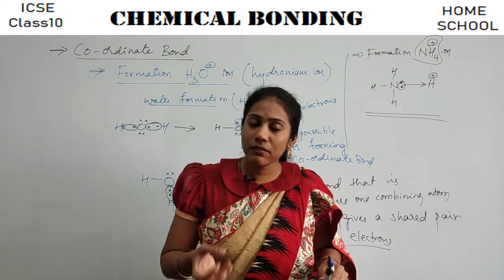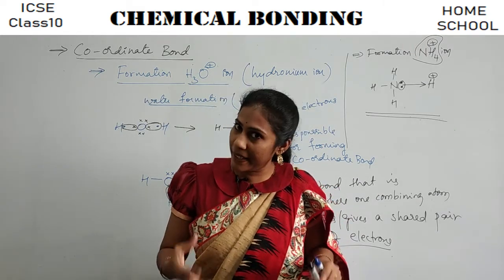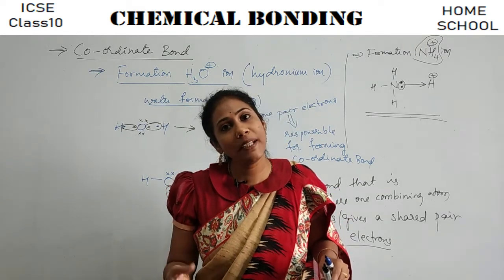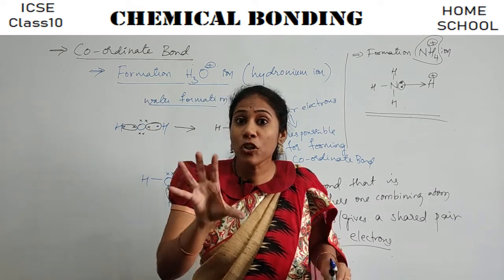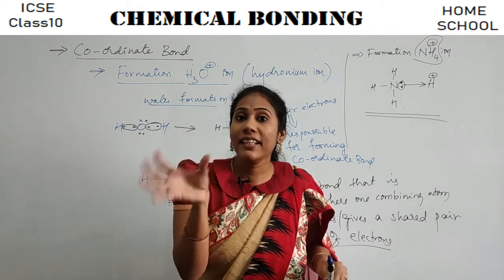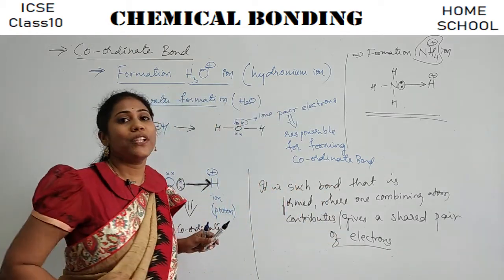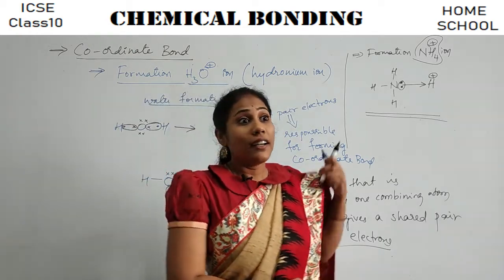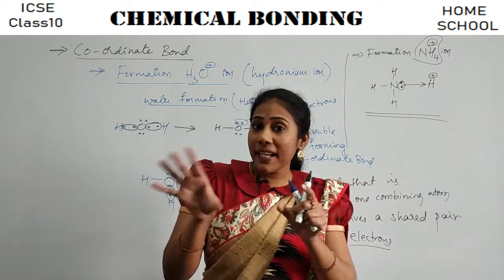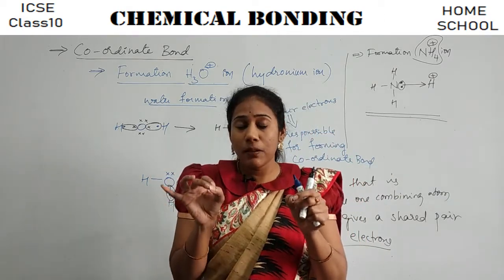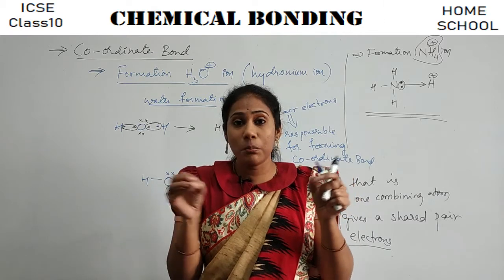Even hemoglobin. Where is hemoglobin present? Blood. What is the purpose of hemoglobin? It carries oxygen. So hemoglobin is a chemical, guys. In that chemical, you know what type of bonds you will observe? Coordinate bonds. So in nature, many of the complex molecules which exist, most of them are colored molecules.